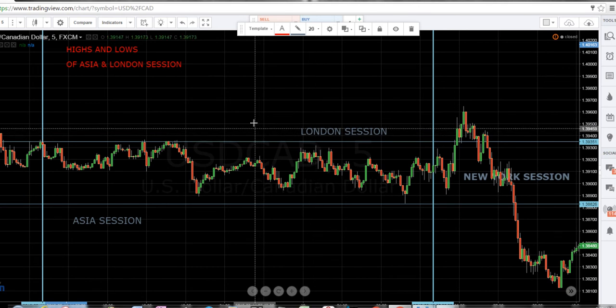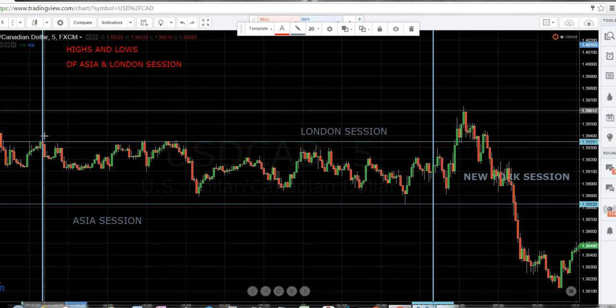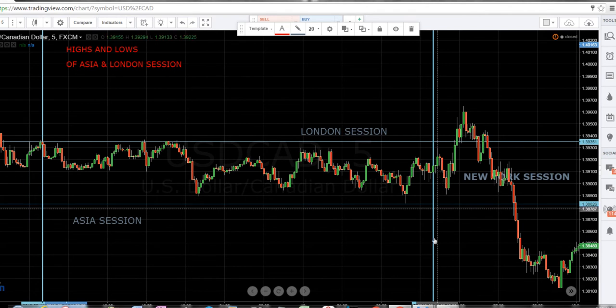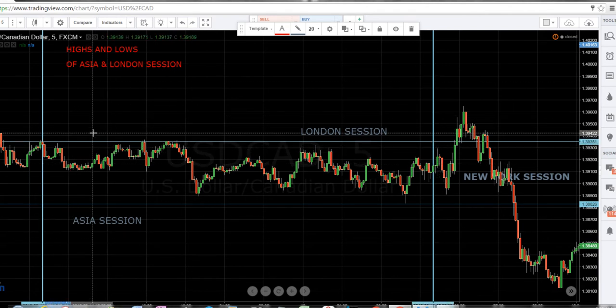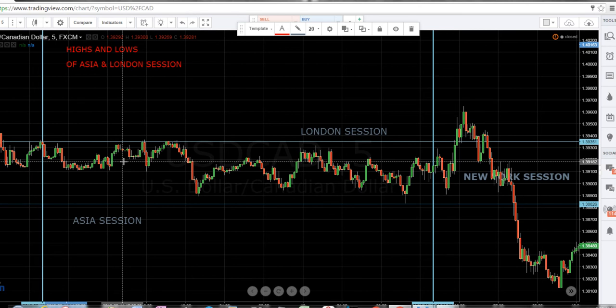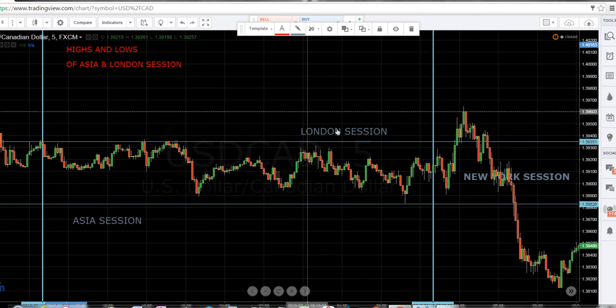So what I like to do is draw my vertical lines just like this, as you see, right? And then I go ahead and pick out the highest high for either session, London or Asia, and the lowest low, in this case, whichever was the lowest low.